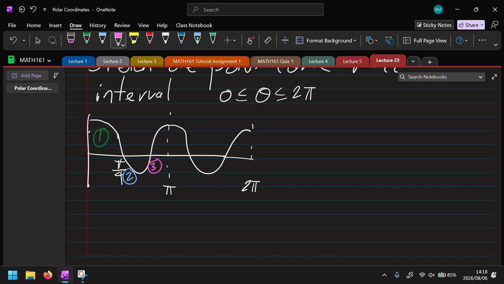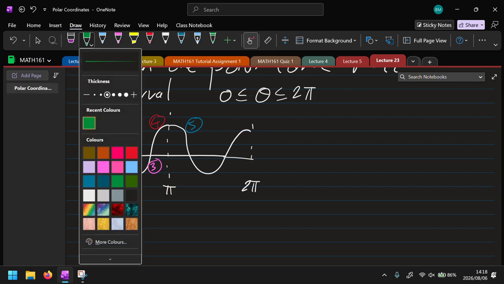Then we're back at 0. Then it's increasing again. Let's call that region 4. Then it's going down again. Let's call that 5. Then we're back at 0, still decreasing. So let's call that 6. Let's pick another color.